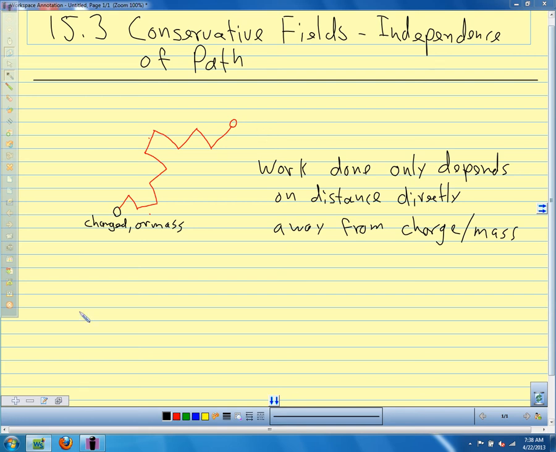And we said our condition for conservative fields was that our field was the gradient of some scalar function, and we called f the potential function.